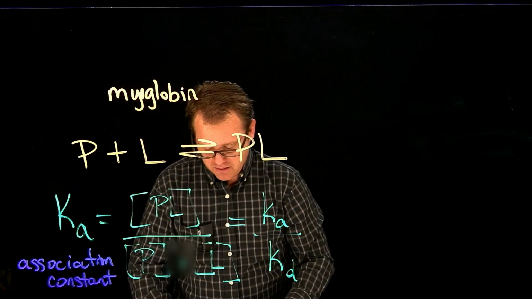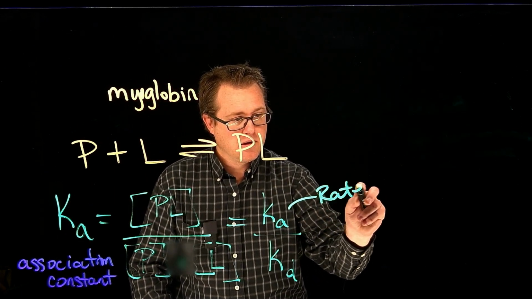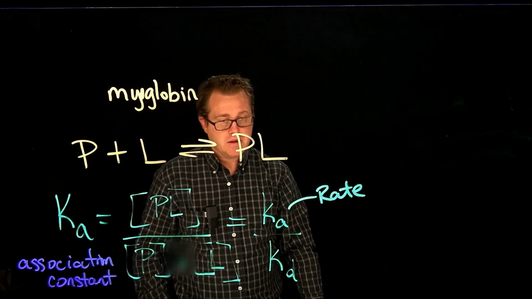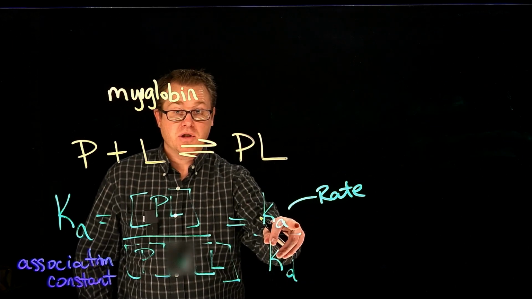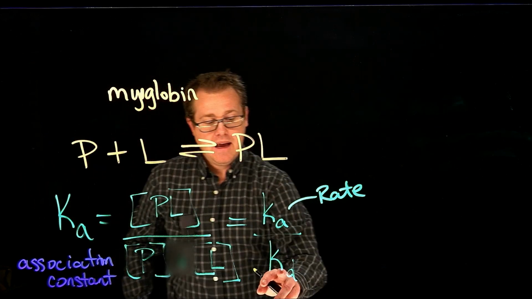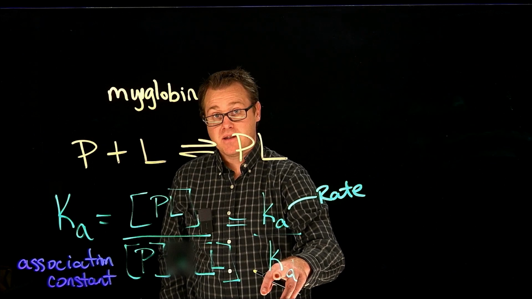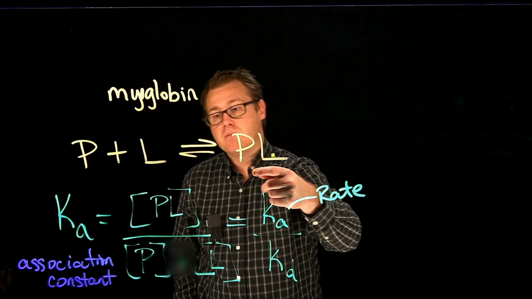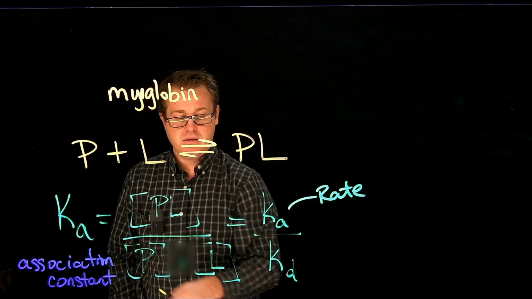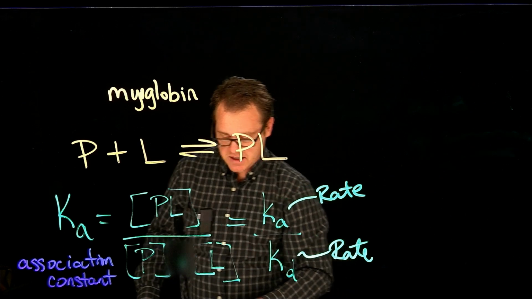These right here are the rate constants. Lowercase ka is the rate of association, going in this direction, and kd is the rate of dissociation, PL breaking apart into P plus L. These are all rate constants, dealing with kinetics.